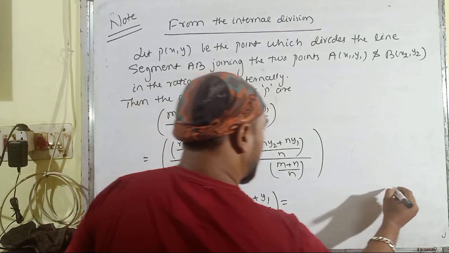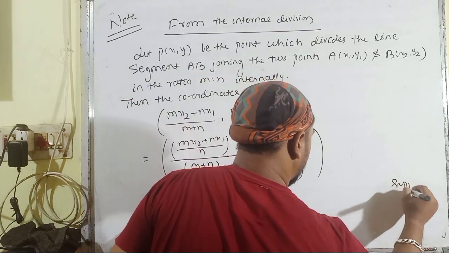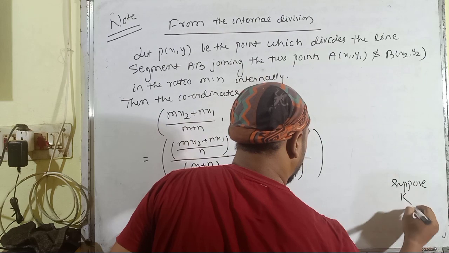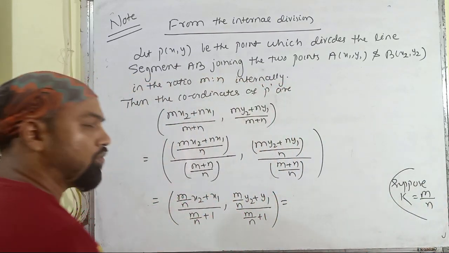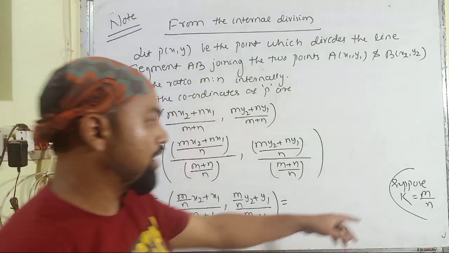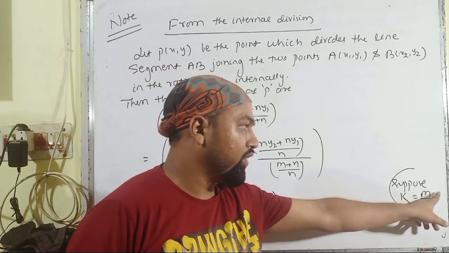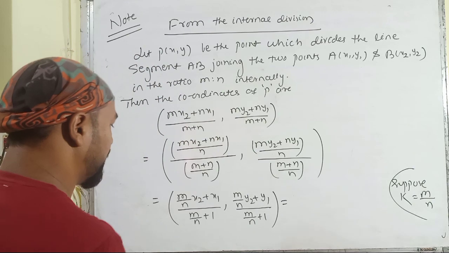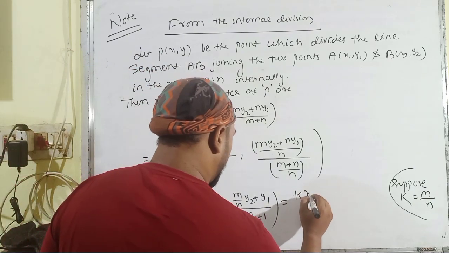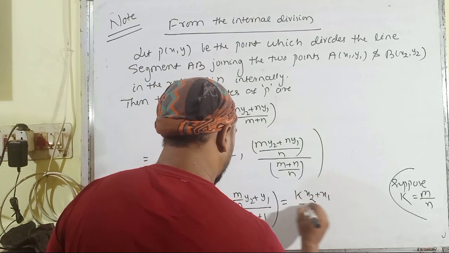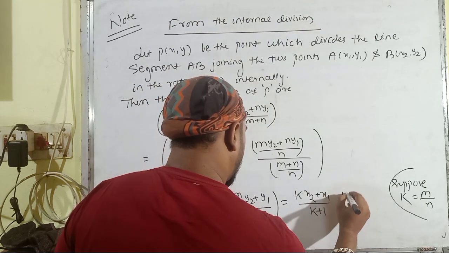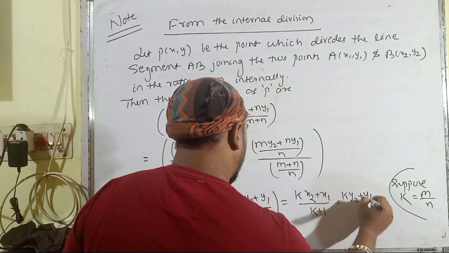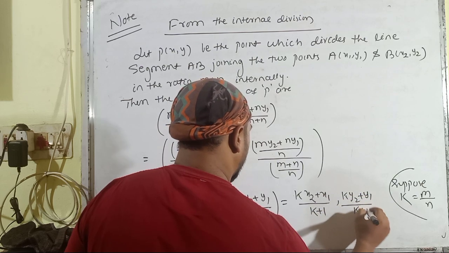Now suppose we substitute k for m upon n. Then it will be (k x2 plus x1) divided by (k plus 1), (k y2 plus y1) divided by (k plus 1).